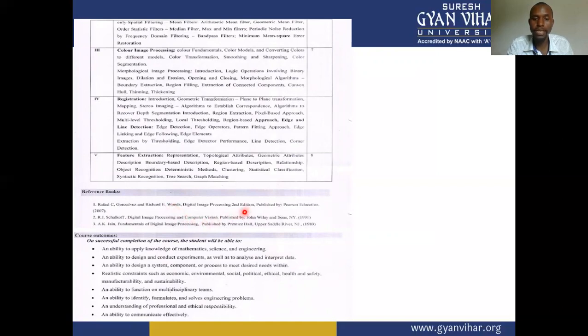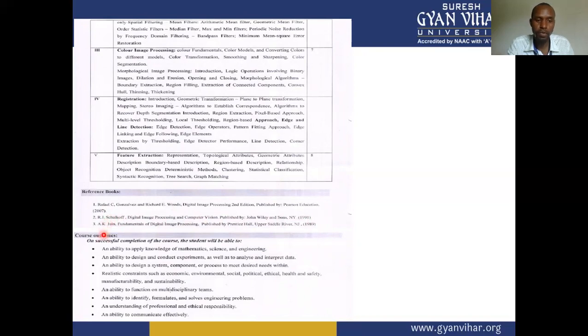We'll be using the second edition of this book, which is published by Pearson Education, year 2007. The second book I recommend is by R.J. Schalkoff, Digital Image Processing and Computer Vision, published by John Wiley and Sons, for the year 1991.